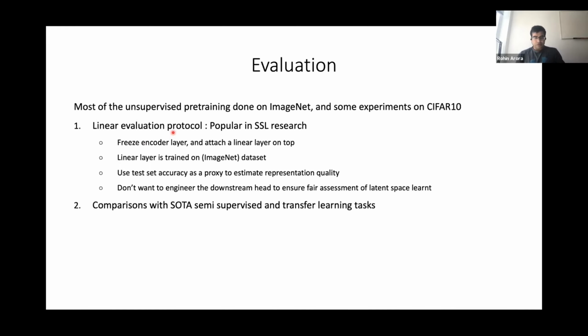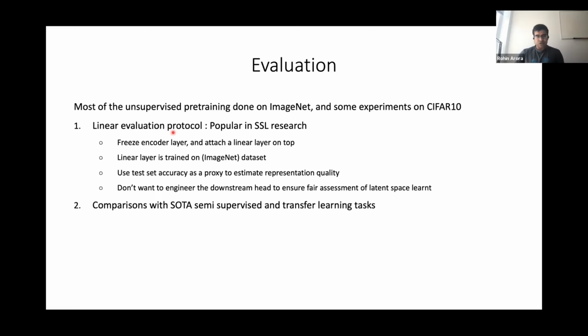What it really means is that you freeze your encoder, you do not train it, you do not expose it to the labels. So the encoder has only seen unlabeled data. On top of that, you put a linear layer. Linear is actually really simple, right? It is not sophisticated, just a simple MLP, maybe with a non-linearity, but nothing else.